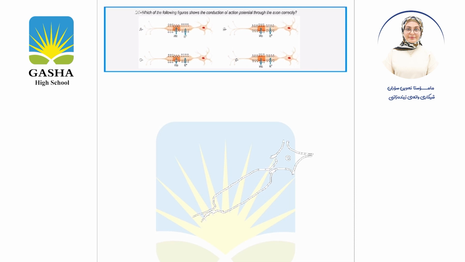Every sending of an electrical signal message is composed of three stages. The first stage, we call it the resting stage or resting potential. The second stage, we call it action potential. The last stage, we call it repolarization.